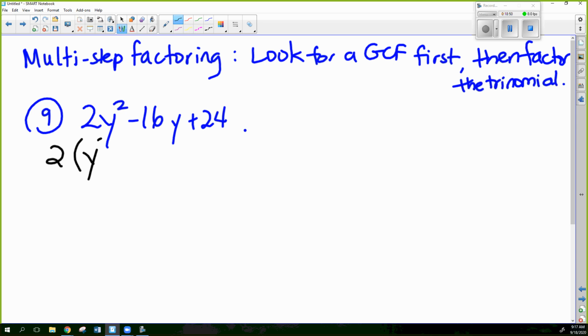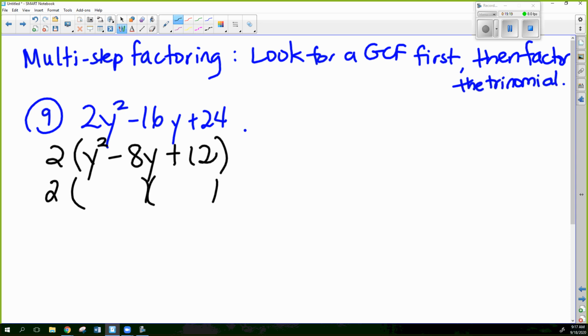We get a y squared minus, what's 16 divided by 2? 8y plus 12. Now you don't even look at the original anymore. You look at your new parentheses to figure out what your factors are.